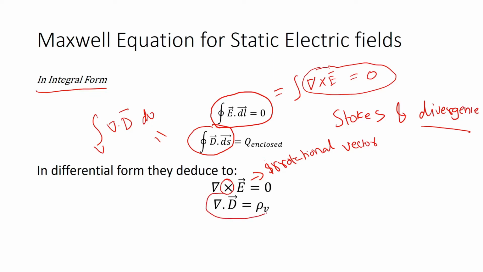We define this curl and divergence for a point. So at any given point, the curl of electric field intensity is equal to 0, and the divergence of electric flux density is equal to the charge density. These are Maxwell's equations for static electric fields in differential form.